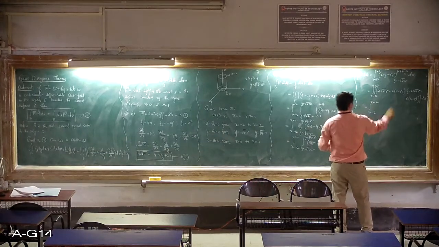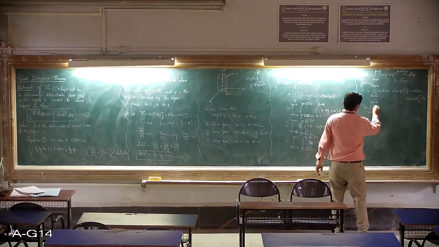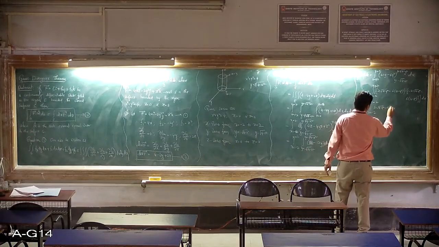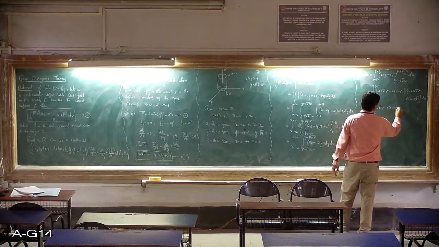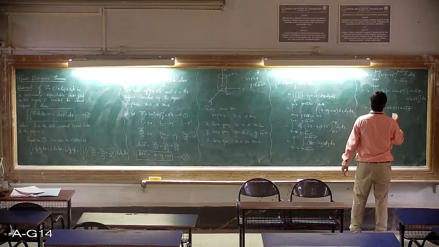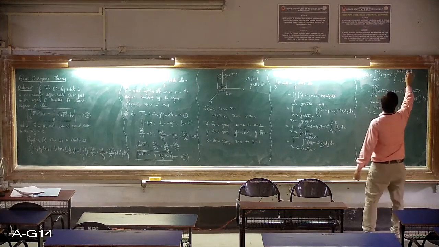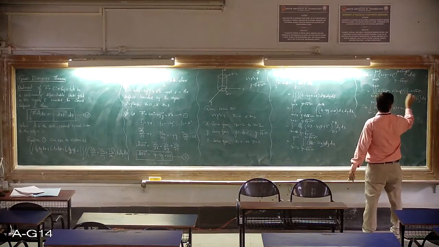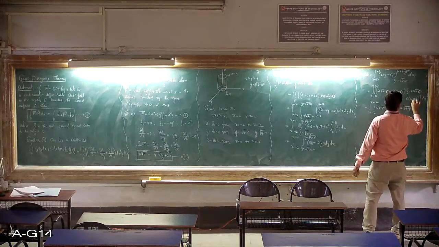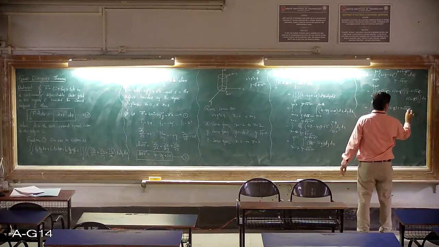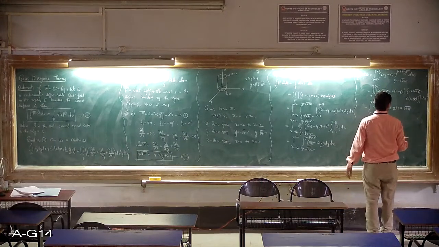Integration from x equals minus 2 to plus 2 of 21 square root of 4 minus y square minus 6 into 4 minus y square, minus of minus plus 21 times square root of 4 minus x square, sorry, this is 4 minus x square.